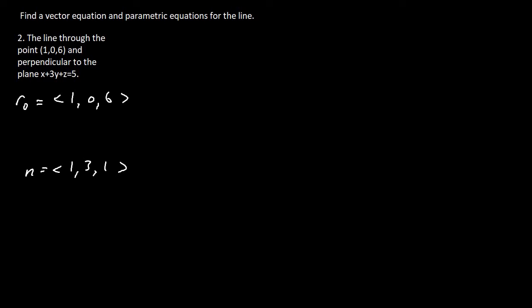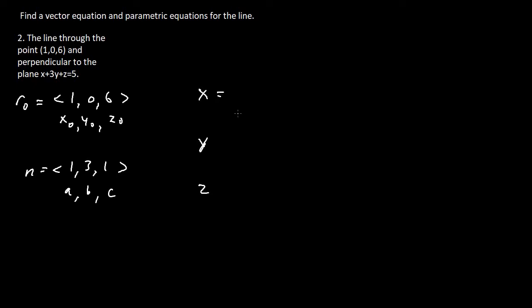And so let's go ahead and find the parametric equations now. So we have r sub naught, which is labeled in terms of its components x sub naught, y sub naught, and z sub naught. And then we have the vector n, which is in terms of a, b, c. So once again, parametric equations in 3 dimensions are going to be in terms of x, y, and z, all in terms of t.